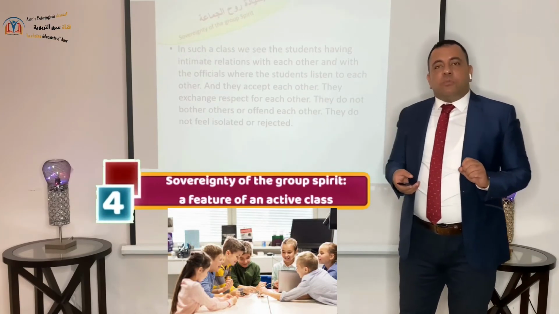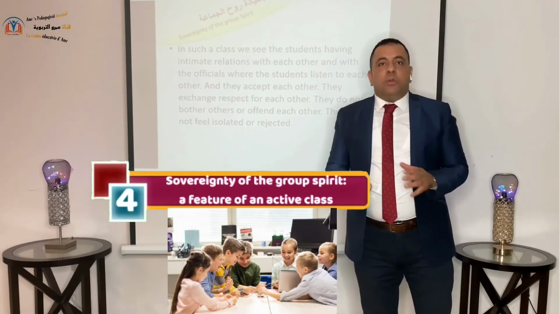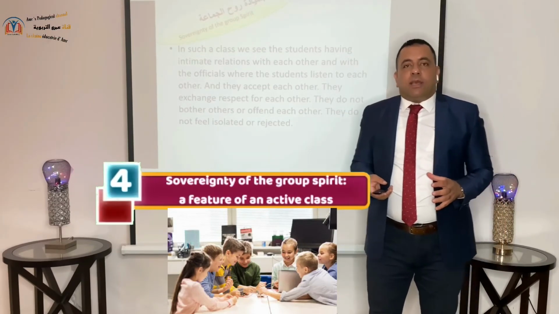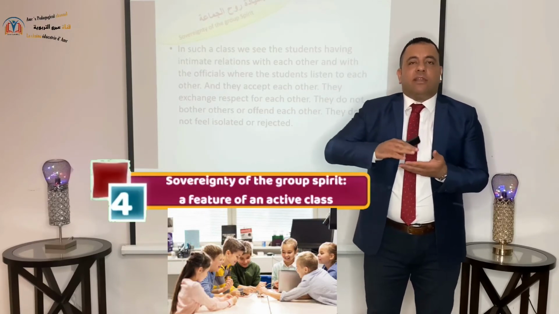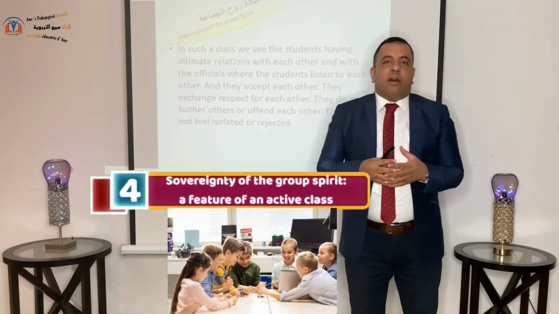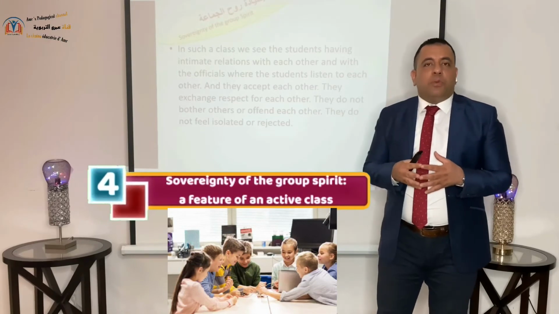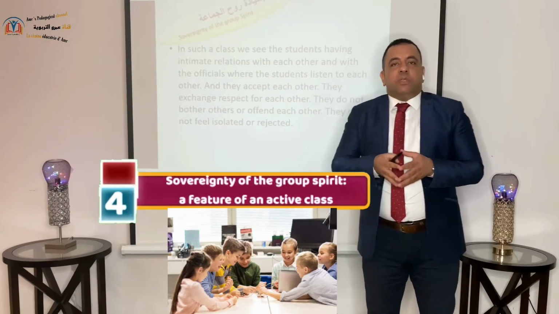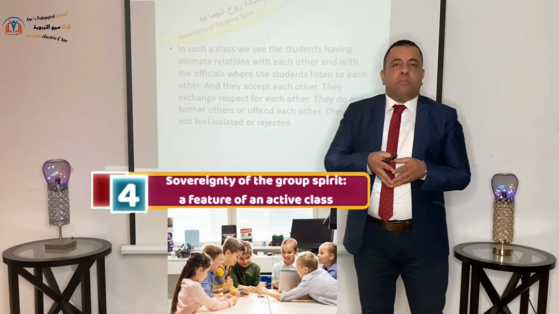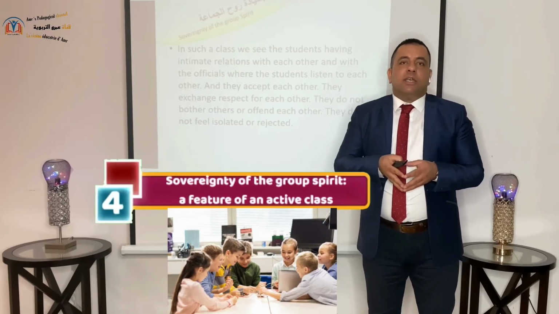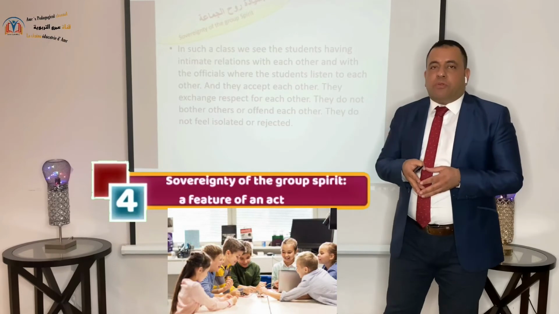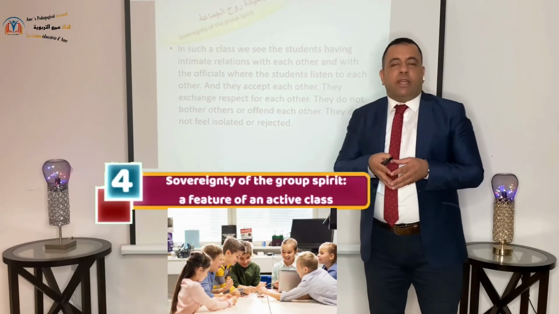They give so much care to achieve the target. No one feels like they are not understanding. They help each other to achieve the target and get a very high level of outcomes from the group work. So the group spirit plays a very big role in the active class. That was number 4 of the features of an active class.